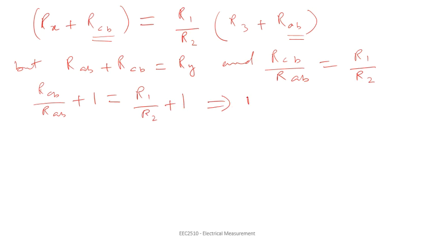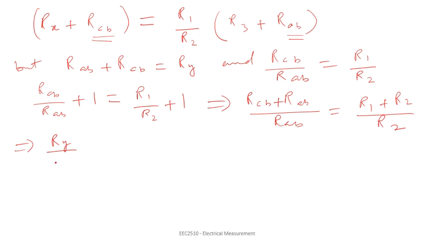That will be RCB plus RAB over RAB equals R1 plus R2 over R2.